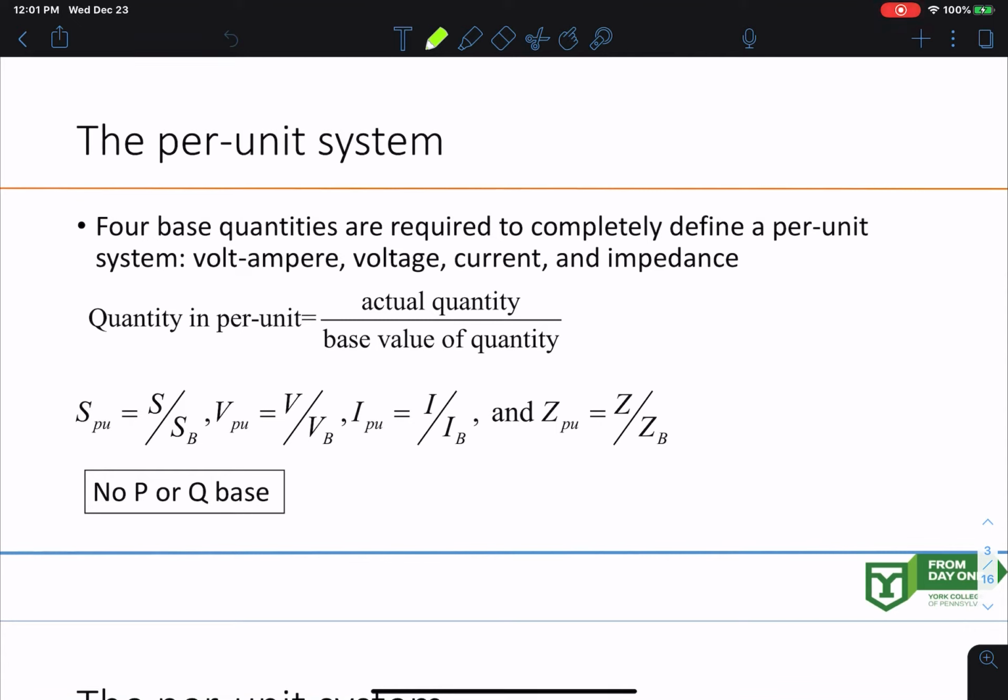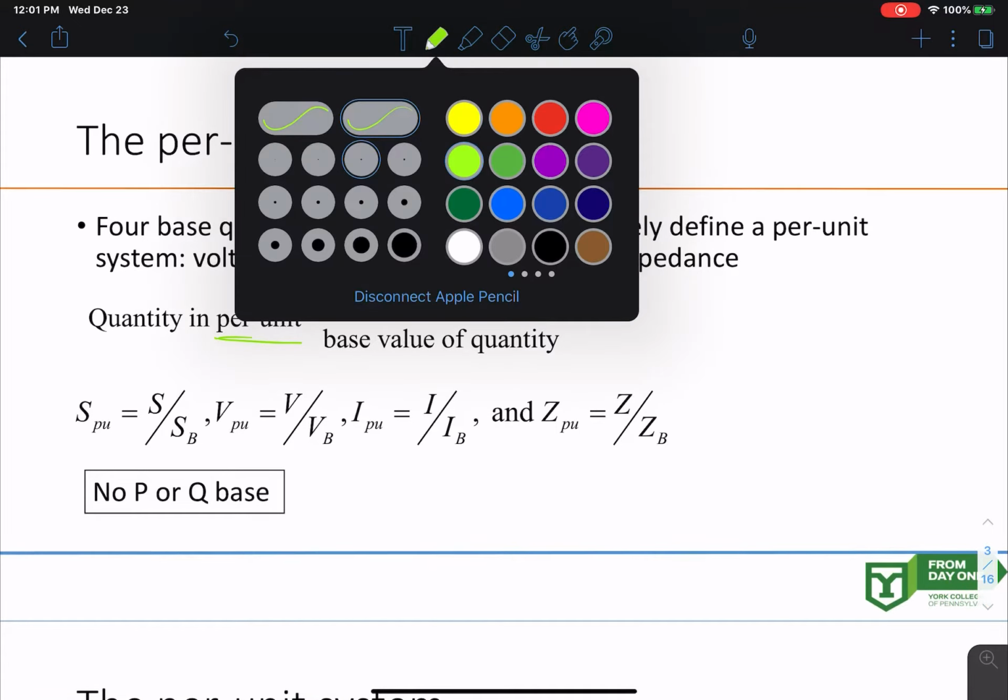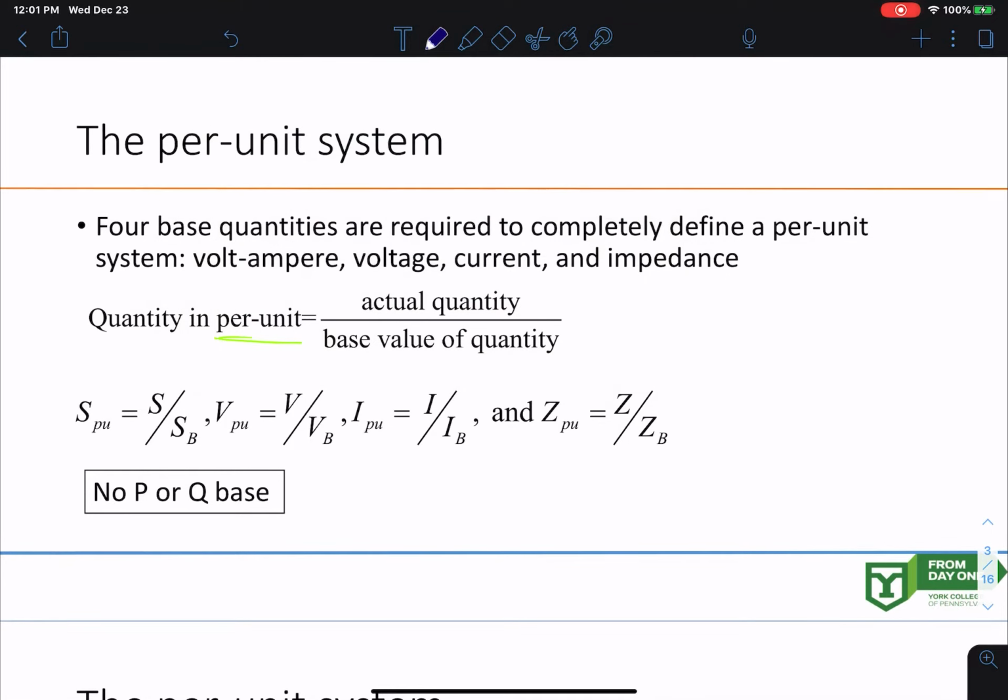So what is this? The per unit value here is basically your actual quantity compared with your base quantity. I said all of them have a base quantity. So for apparent power, per unit is actual apparent power over base, B for base. Voltage is the same way: actual voltage over base voltage.